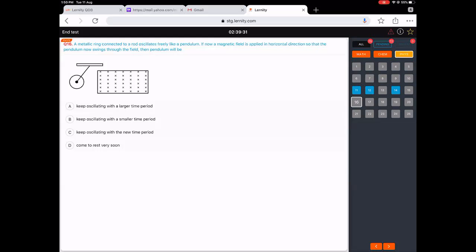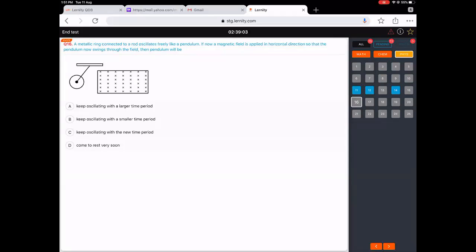A metallic ring connected to a rod oscillates freely. Okay, it's a metallic ring. If now a magnetic field is applied, it's a circular thing. It keeps oscillating with a larger time period.